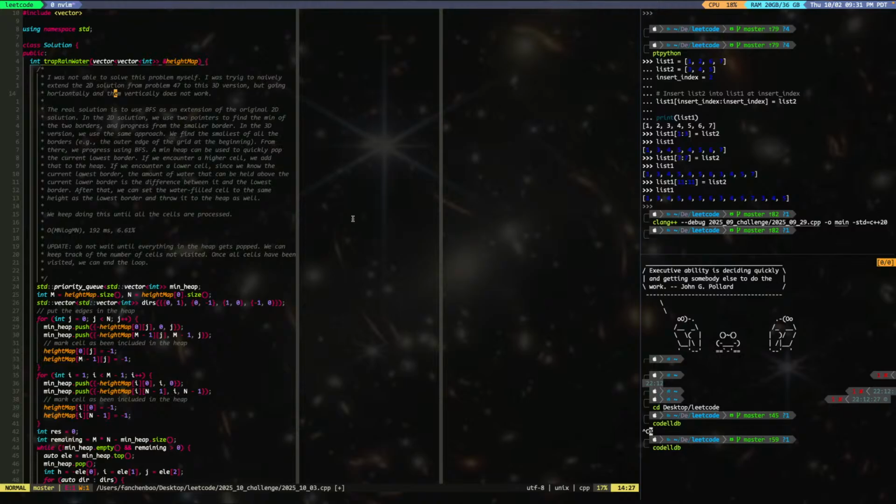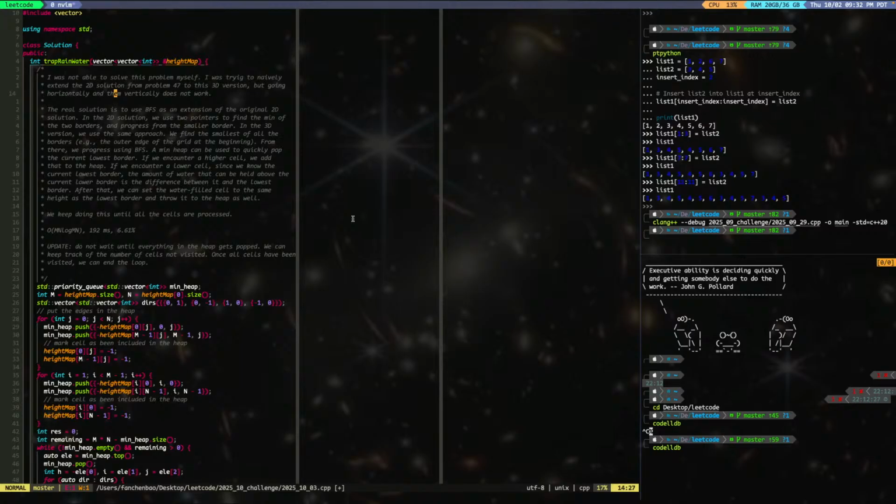BFS as an extension of the original 2D solution. In the 2D solution, we use 2 pointers to find the min of the 2 borders, and progress from the smaller border. In the 3D version, we use the same approach. We find the smallest of all the borders, so around.